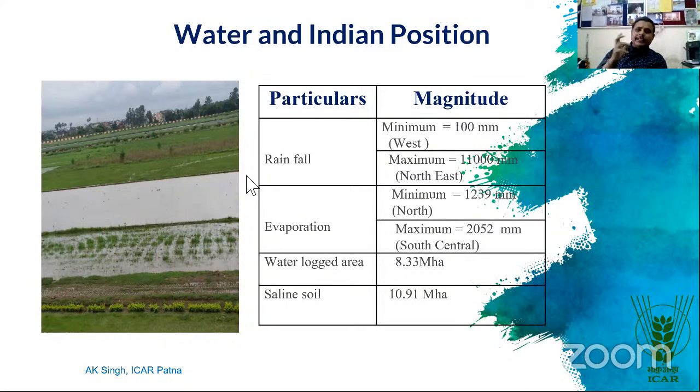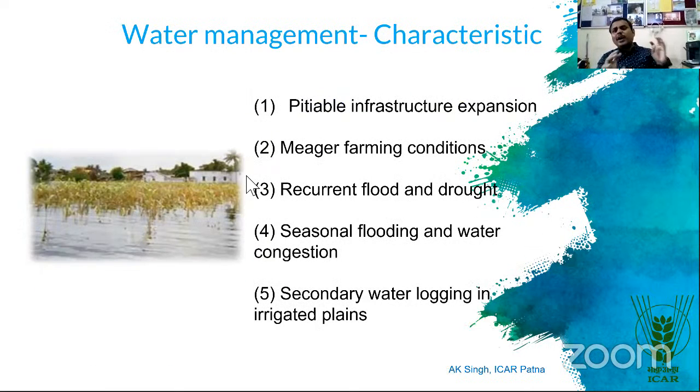And there is a considerable amount of saline soil, which is due to the water, particularly, especially in the canal fed areas. So what is the major water management characteristic? Since we are discussing managing water for improving water productivity in agriculture, there are a few things which we have to take into consideration.